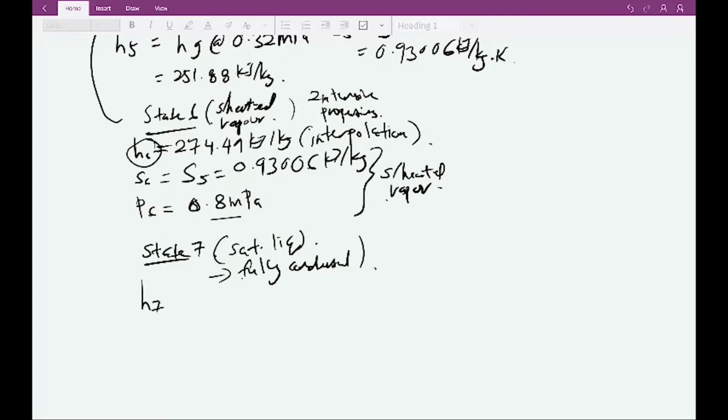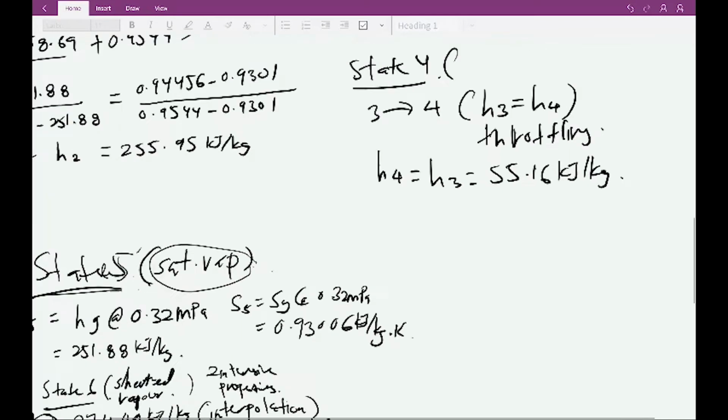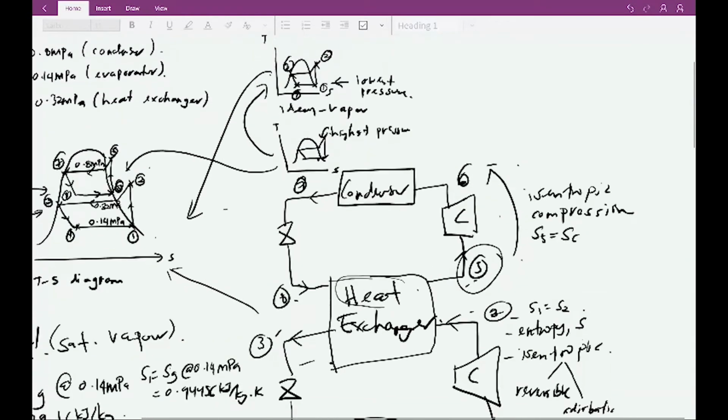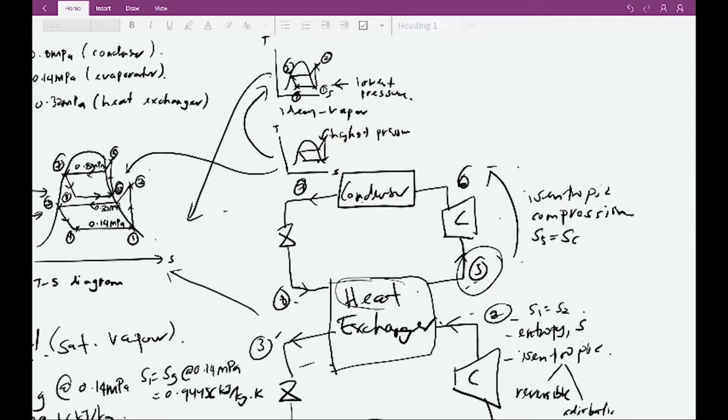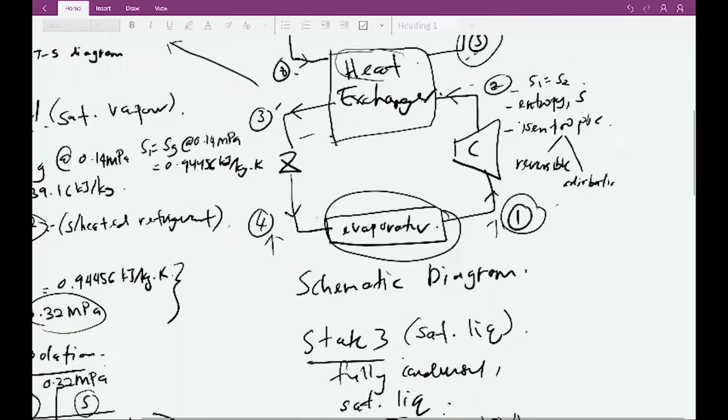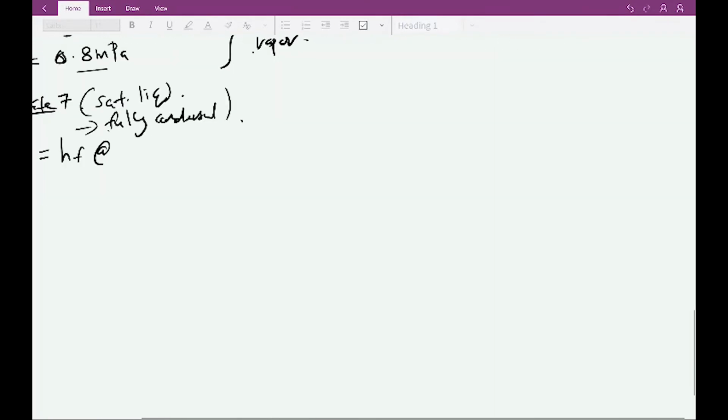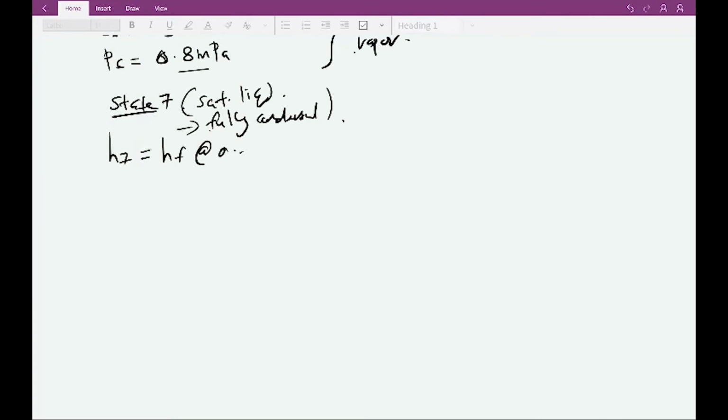So its enthalpy is equal to Hf at its corresponding pressure. Look for where state 7 is located. Past the condenser, the corresponding pressure is the same, 0.8 MPa.